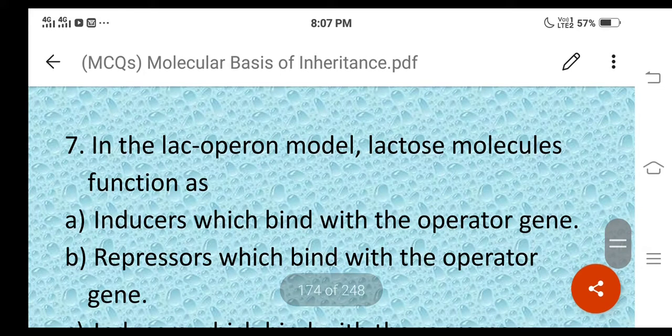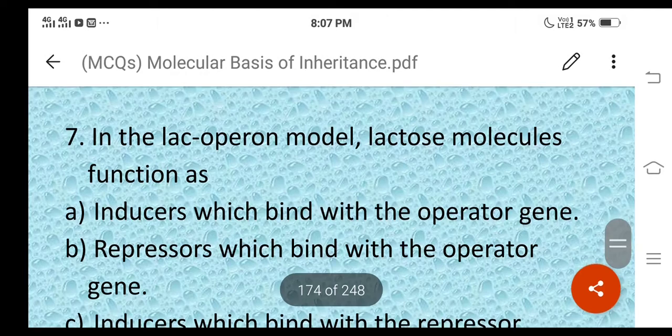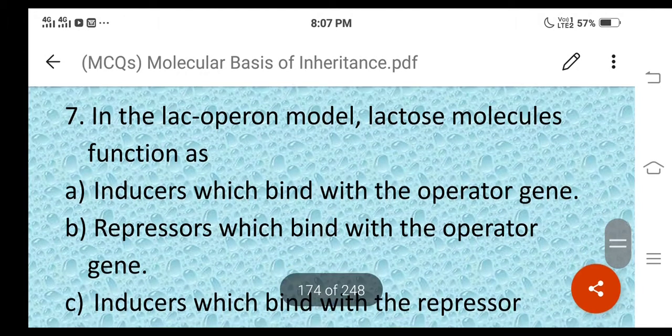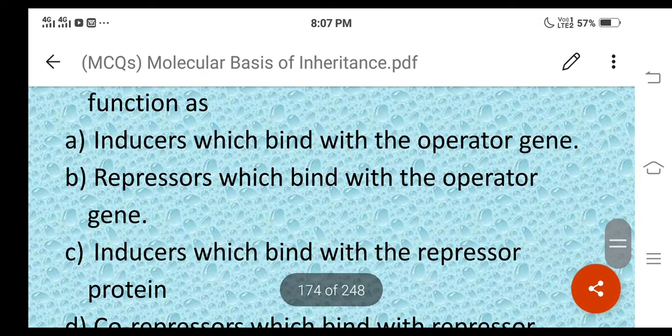For question number 7, the correct answer is option C. Lactose molecules function as inducers which bind with the repressor protein. Option C is the correct answer, right?